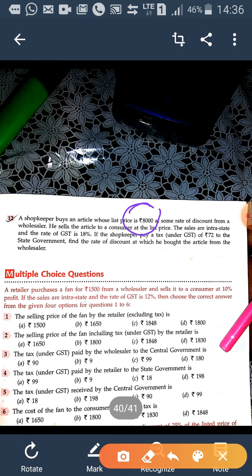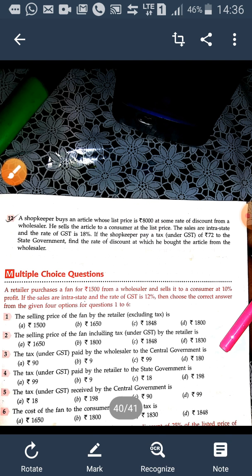You would have first checked the SGST which he had paid when he purchased that article. Then you would have found out the SGST which he gets from the consumer. Then you would have subtracted both of them to get to the SGST which he pays. Yes or no? So here we have a piece of information that he pays rupees 72 to the state government.